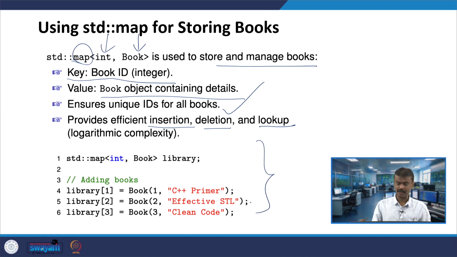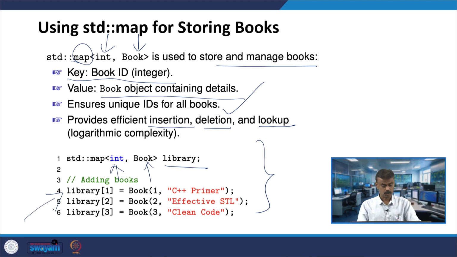If you recall, we studied an example, Alice, Bob, Charlie, in the previous classes. So here the map contains int and book, and I have an object, library. The library comes under the class map, which has an integer variable and a book object. Now I can add books like this: library of 1, a book object, where you are passing 1 and C++ Primer.